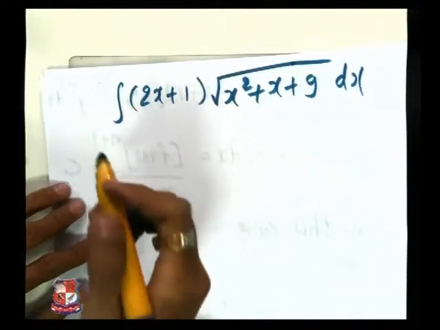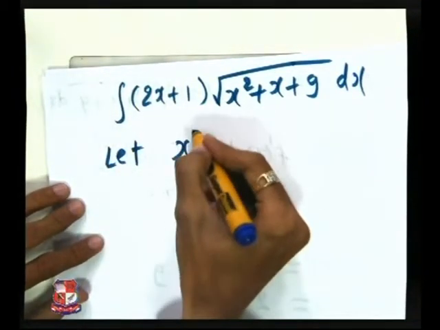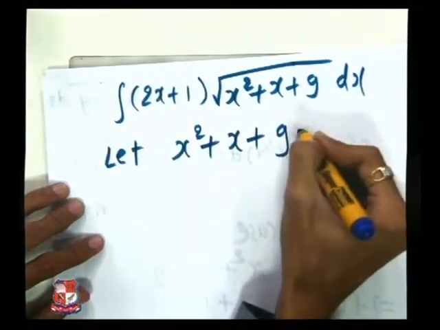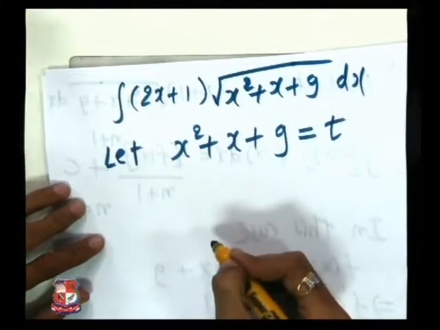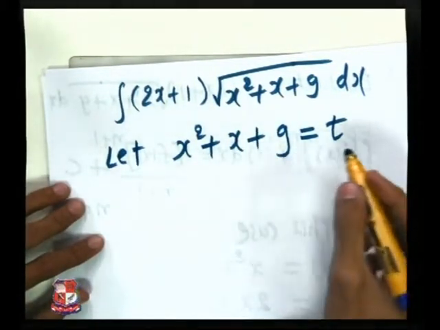Okay, here I am taking let x square plus x plus 9 is equal to t, right? Let x square plus x plus 9 is equal to t.